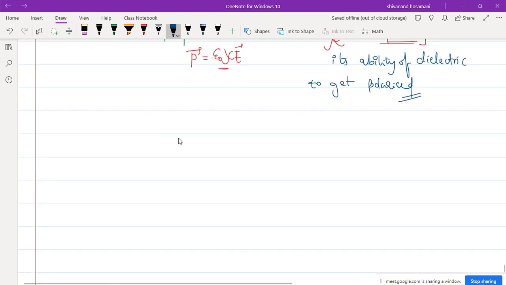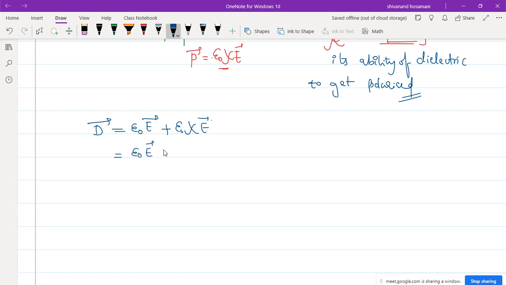Similarly, as we have written for a dielectric medium, the displacement vector D is equal to epsilon naught E vector plus epsilon naught chi into E vector. If I take epsilon naught and E as common, I am left with 1 plus chi.